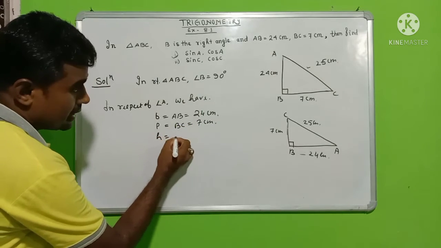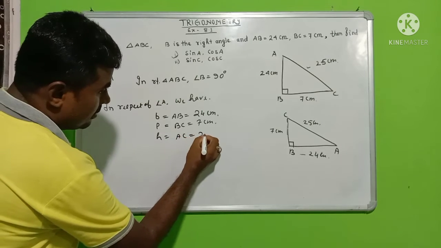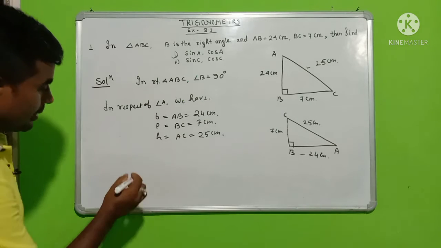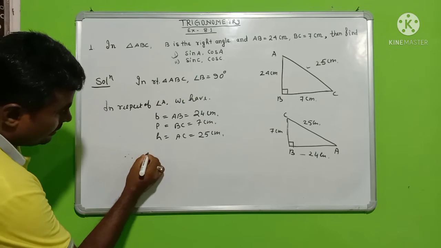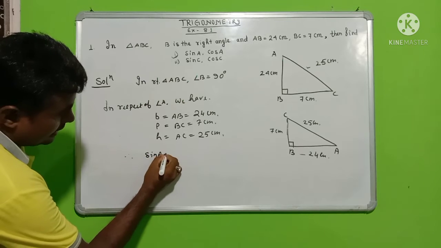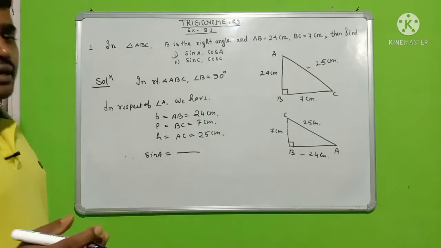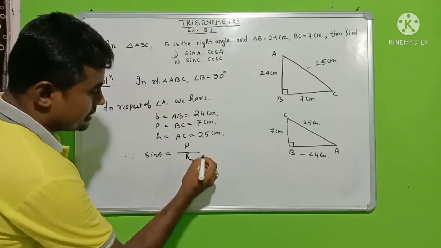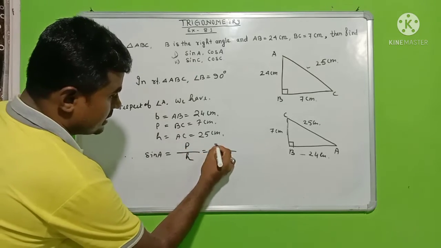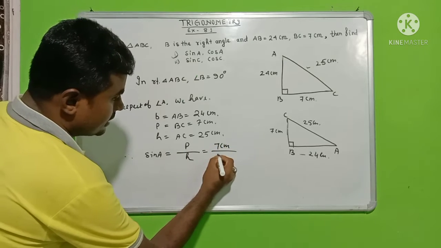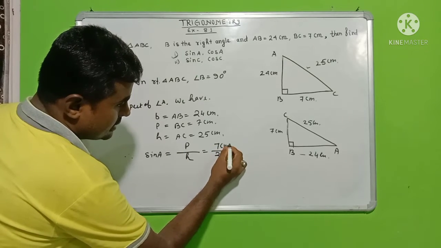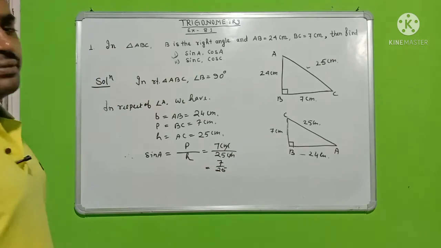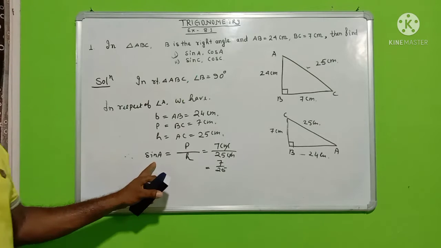And hypotenuse is AC, which is 25 centimeter. Then find the value of sin A. We know sin A is P by H. Our value of P is 7 centimeter, H is 25 centimeter, centimeter cancel, we get 7 by 25. In this way find the value of sin A.